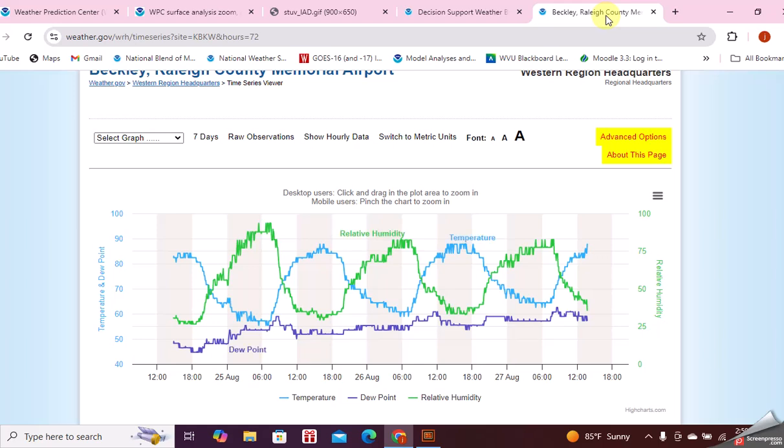Left-hand side, you'll see 40, 50, 60, 70, 80, 100. Those are dew point and temperatures. Look off to the right-hand side, you see 25, 50, relative humidity. So lines are labeled. The blue is temperature, green's relative humidity, darker color down at the bottom is dew point.